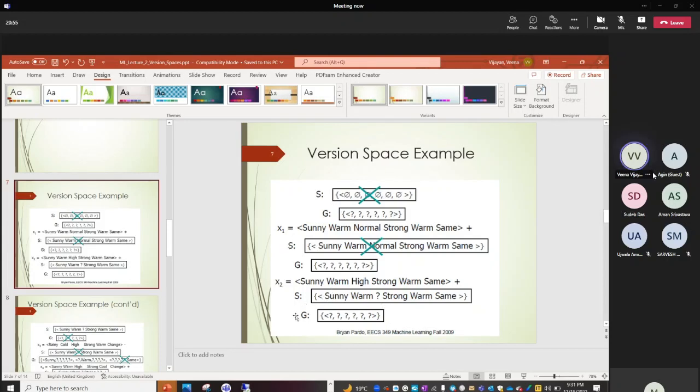Specific changed, generic remains the same. It is similar in Find-S, but Find-S takes only specific and follows it. Here we are comparing against both specific and generic. In Find-S we arrive at one hypothesis. Here we will arrive at a set of hypotheses. That's the difference.